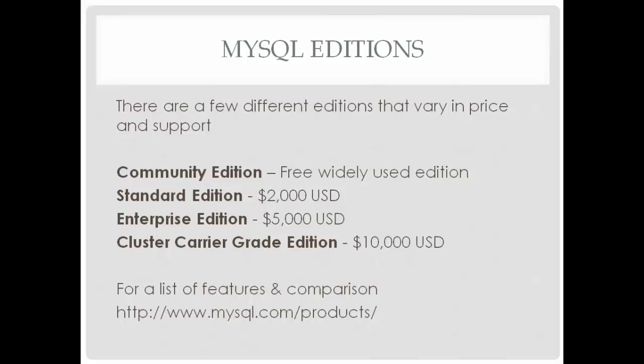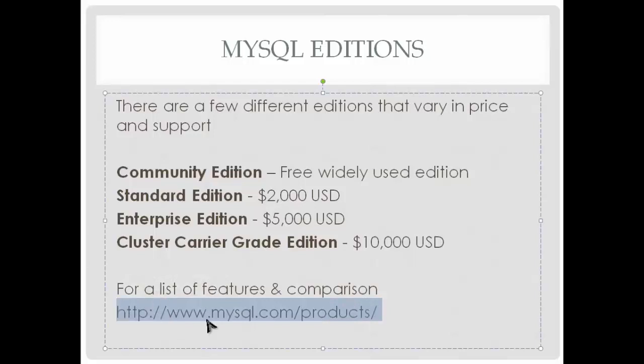Alright, so these are for huge website applications and networks. I'm not really going to go into the specifics for these, but the price is determined by the software and support that's given, things like that. And for a full list of features, you can go to mysql.com/products, and you can check out the different editions.